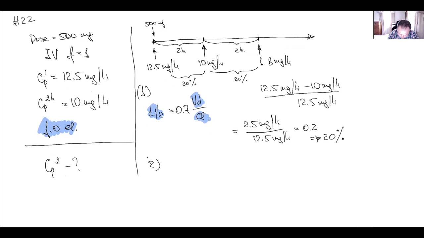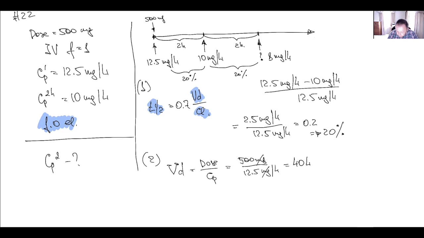Another way how to do that, we can find volume of distribution. It will be dose over plasma concentration, and initially it will be 500 milligrams divided by 12.5 milligrams per liter, and it will be 40 liters.